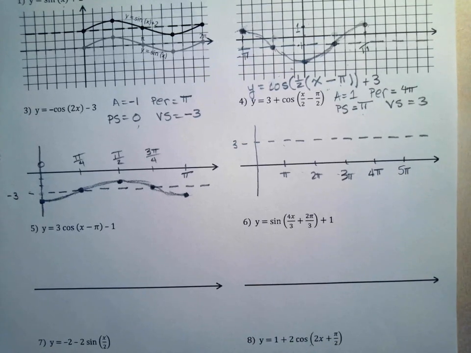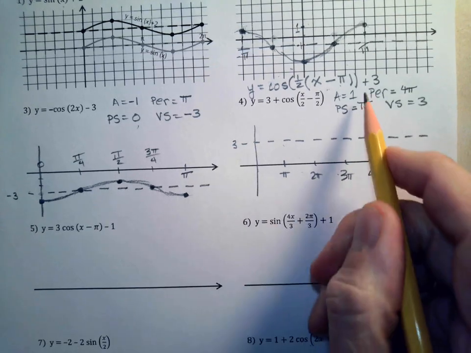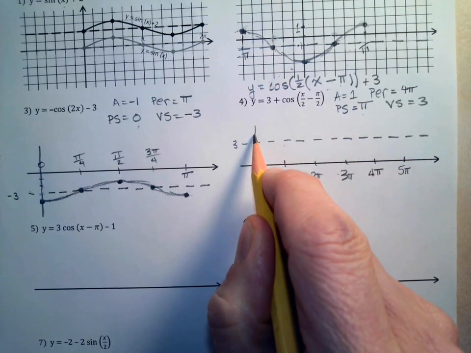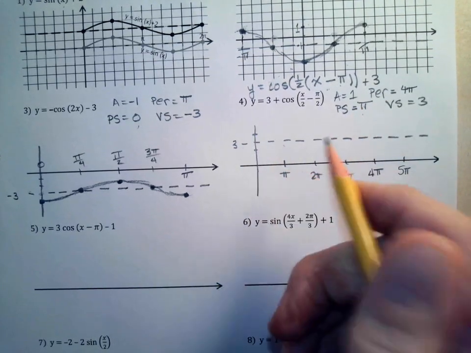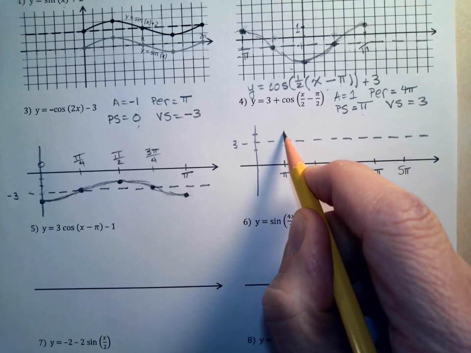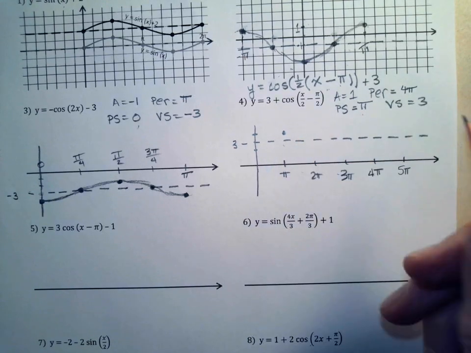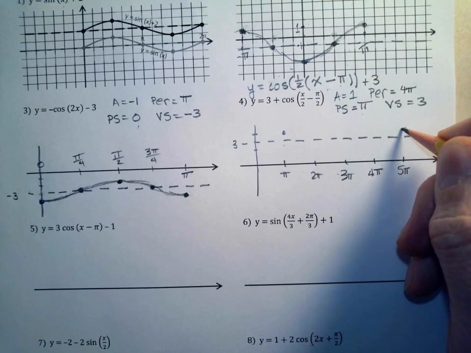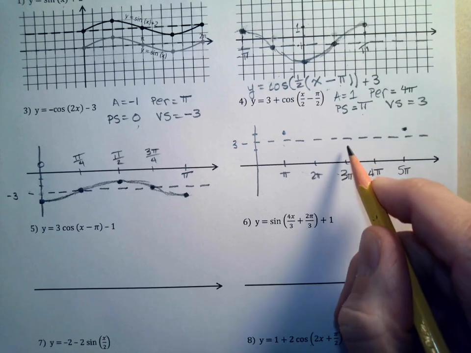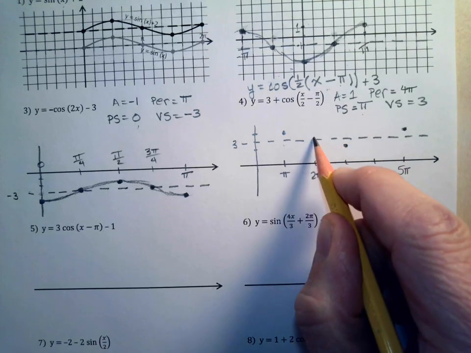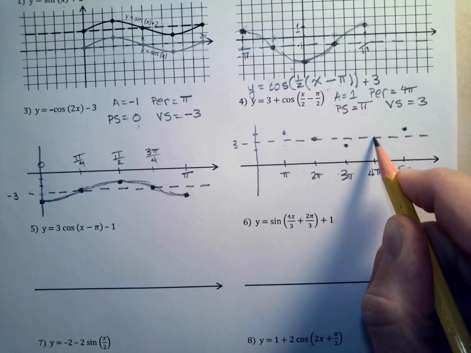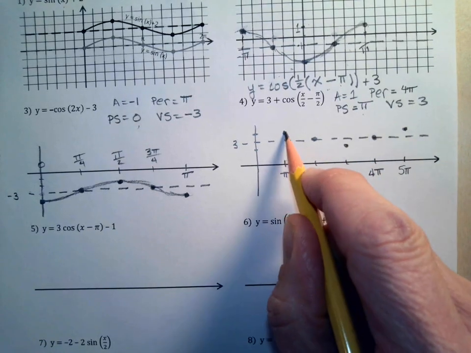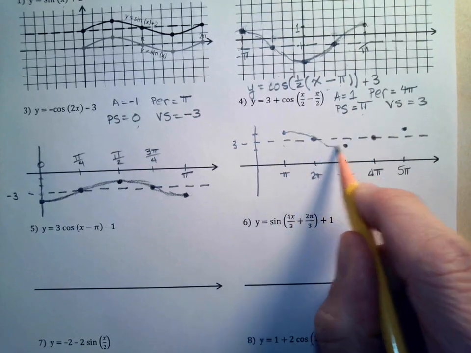Okay, it's cosine, and it's a positive 1, so we're 1 above the base. Just put in tick marks there. So we're starting 1 above. We're going to end at 5 pi, 1 above. At 3 pi, we're 1 below. And then on the baseline, on the baseline. Okay, so sketch that in.